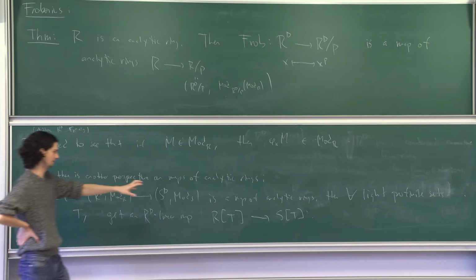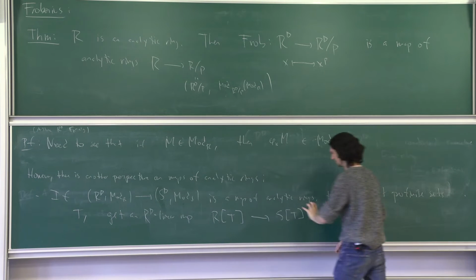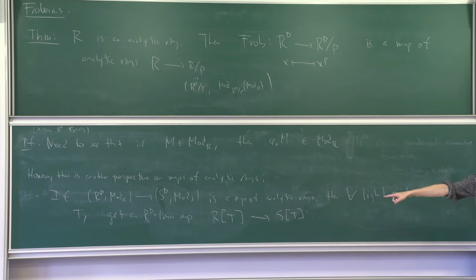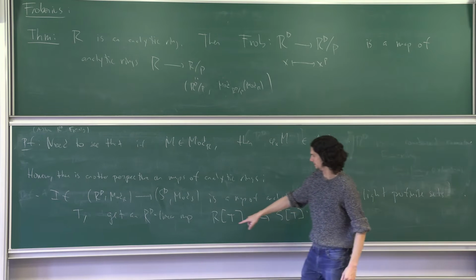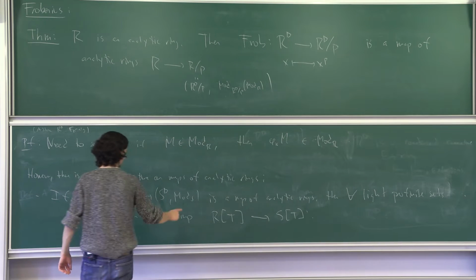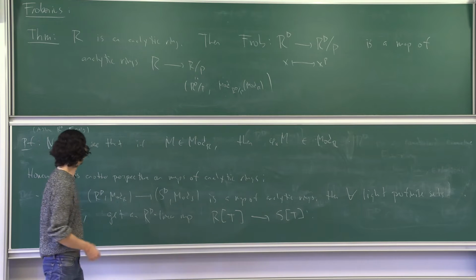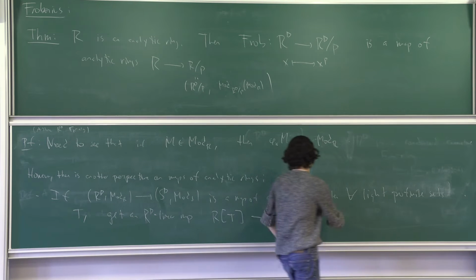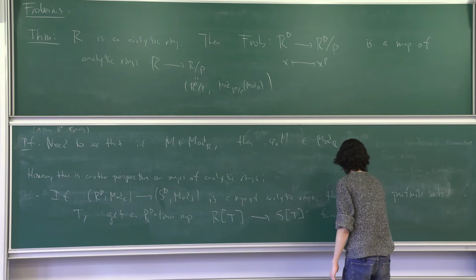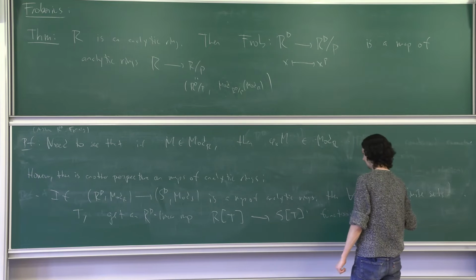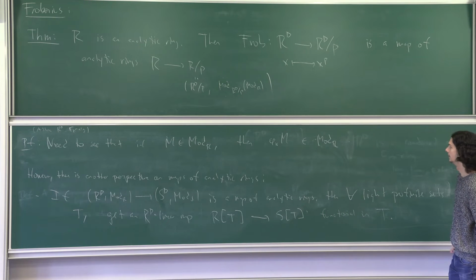So this is an R module, so that the map from the free R-triangle module on T to it factors through R bracket T. And this is functorial in T.